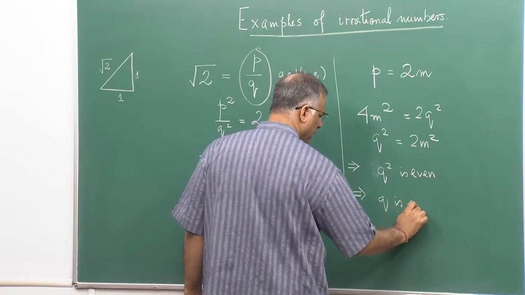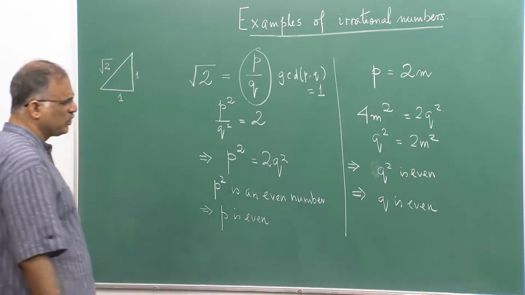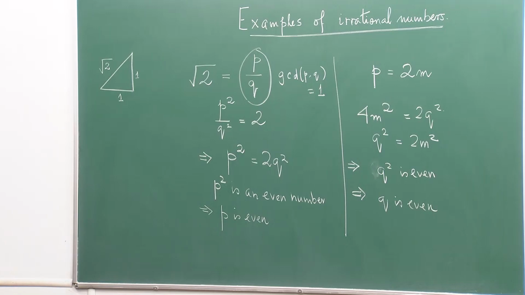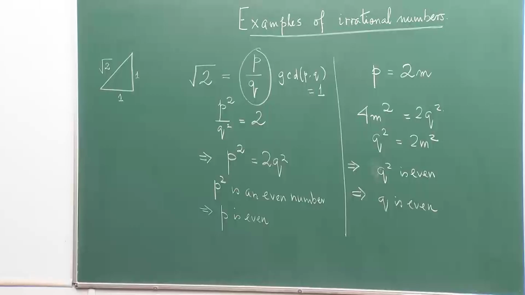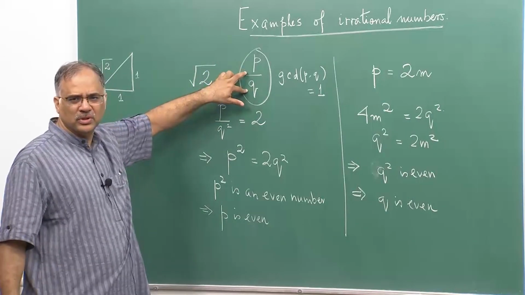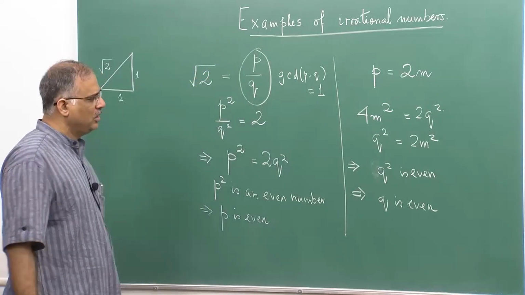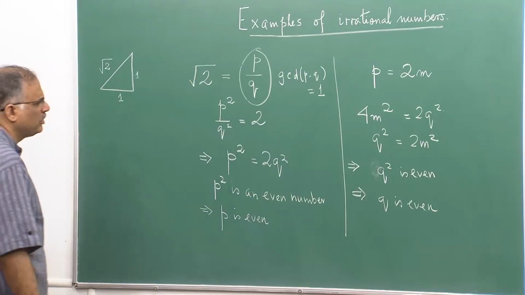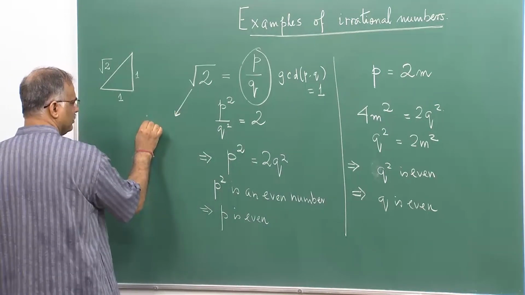So, if p and q are both even numbers, which means 2 divides both p and q, it cannot happen, because here I have considered p and q in the reduced form, so they do not have any common factor other than 1. So, here we reach a contradiction and hence we conclude that this is irrational.